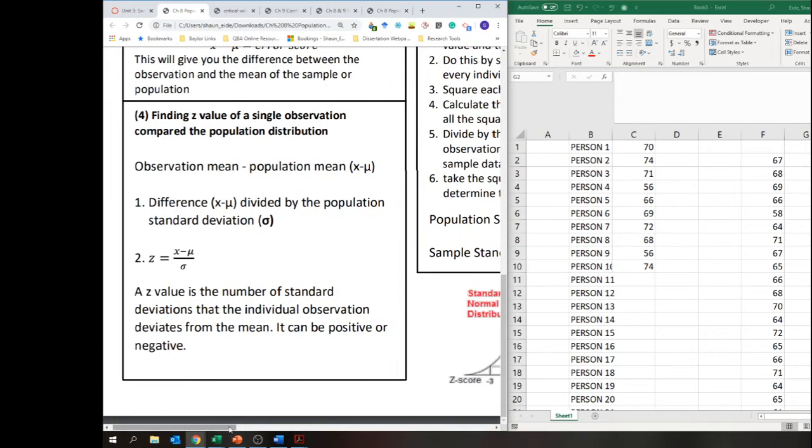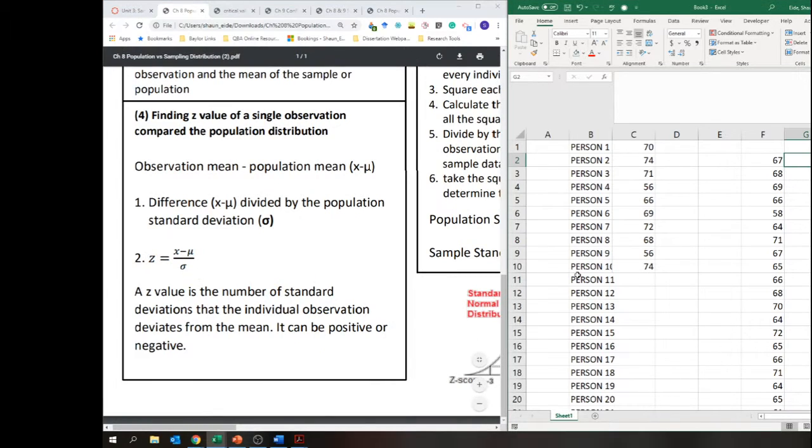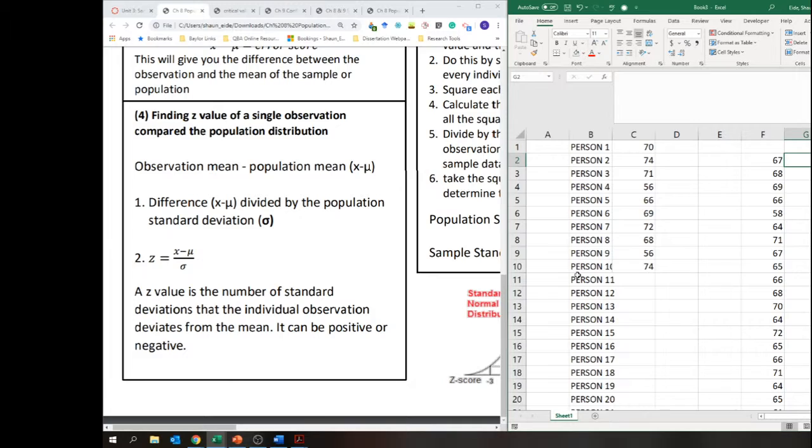So we're going to do something very similar. This right here is the formula for that. For instance, what is the probability that one particular person is going to have a height below 68 inches? So I'm going to do equals average.